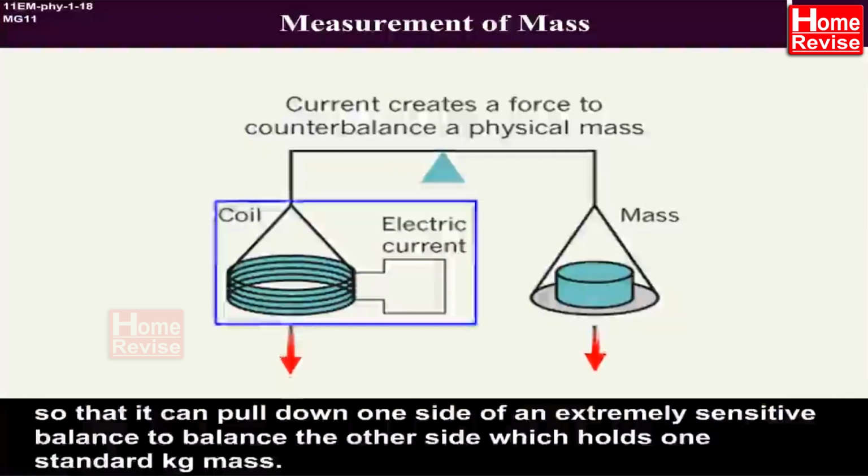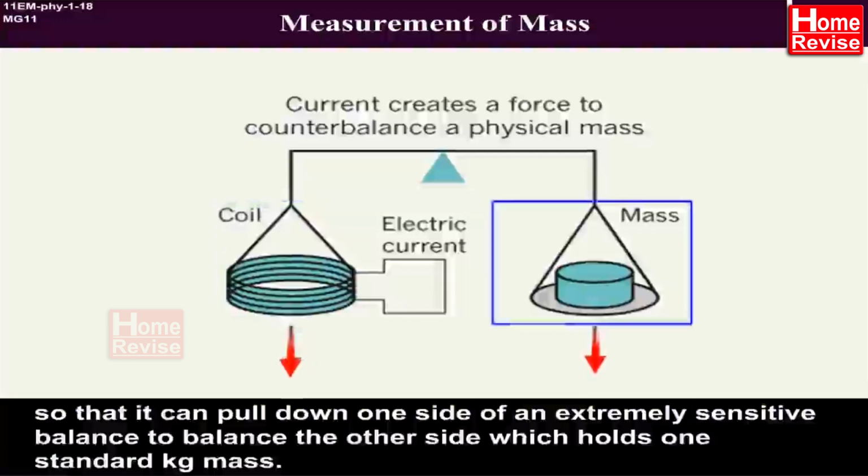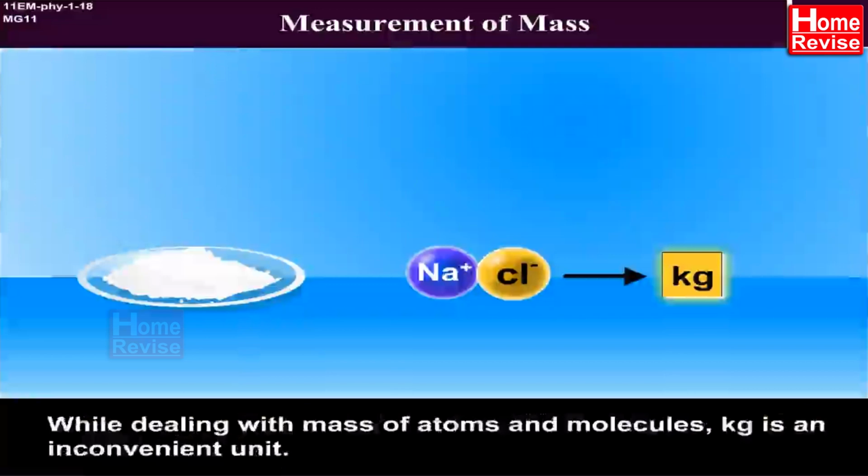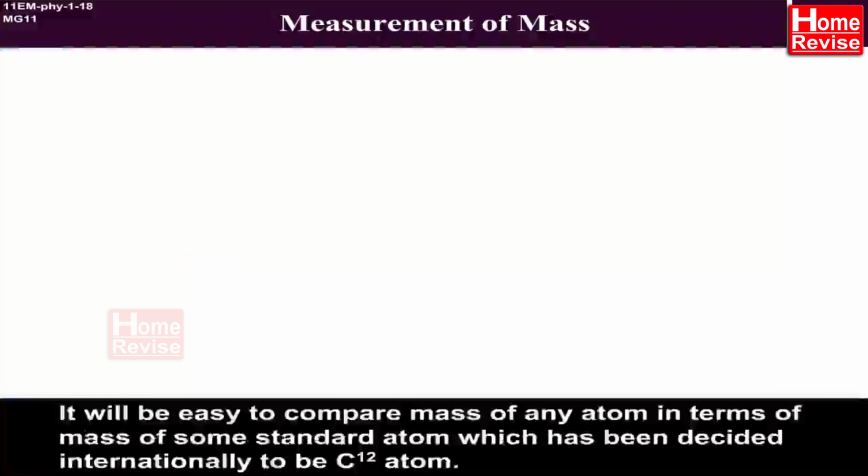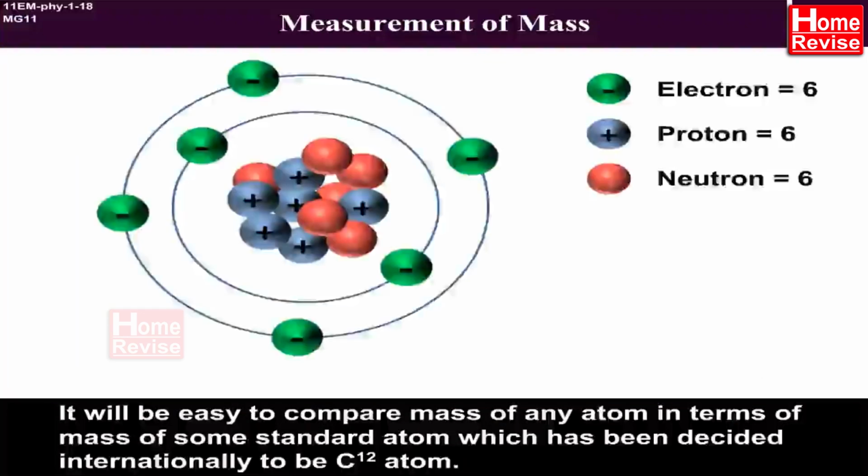While dealing with mass of atoms and molecules, kg is an inconvenient unit. Therefore, their mass is measured in atomic mass unit. It will be easy to compare mass of an atom in terms of mass of some standard atom which has been decided internationally to be C12 atom.